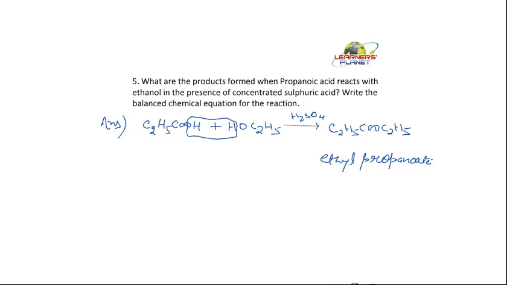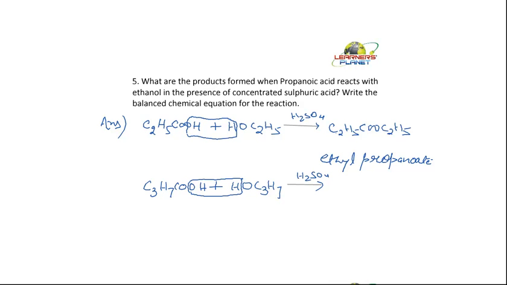If I take butanoic acid, we can take C3H7COOH with ethanol or a propanol. Let's take a propanol, that is HOC3H7, and if I treat this with a few drops of concentrated sulfuric acid, again this will be the product, it will go like this.